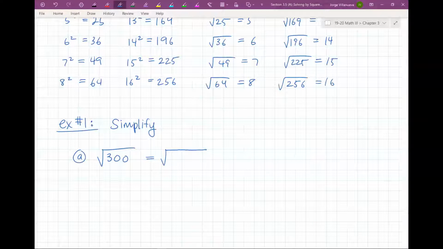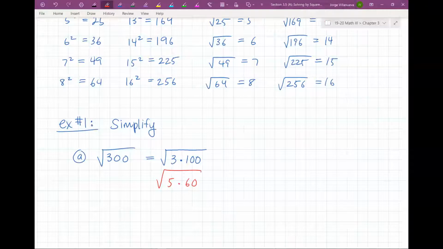Okay? So I can break down 300 into 3 times 100. Okay, now don't write this down, but I also could have broken it down into 5 times 60. But the difference is, in 5 times 60, 5 does not have a square root, and 60 does not have a square root. Whereas if you look at 3 times 100, 3 doesn't, but 100 does, right?